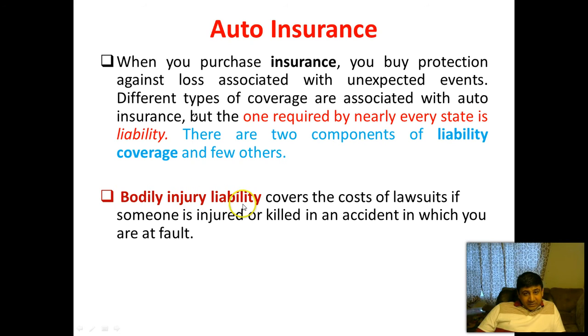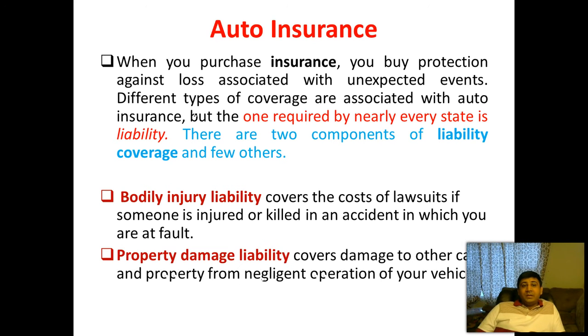The first one is bodily injury liability. It covers lawsuits if someone is injured or killed in an accident in which you are at fault. The next one is property damage liability. It covers the damage to other cars and property from your faulty operation of the vehicle. I'm sure you all drive and you know these things more than me.